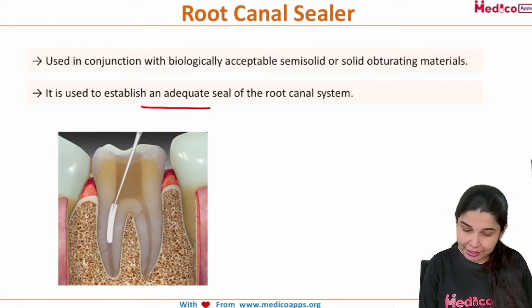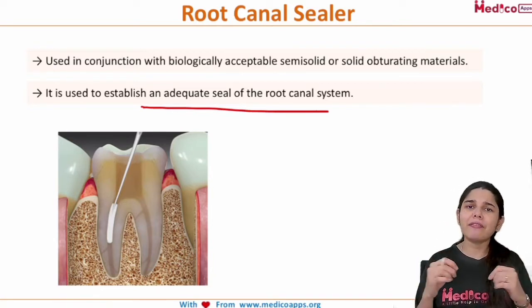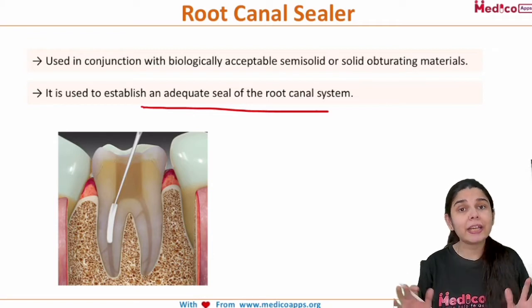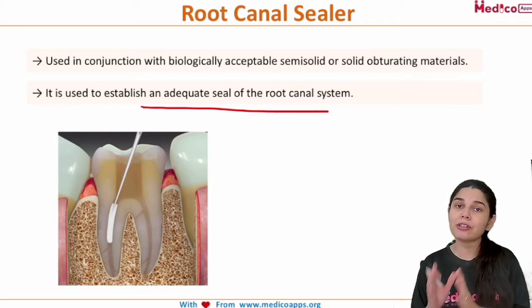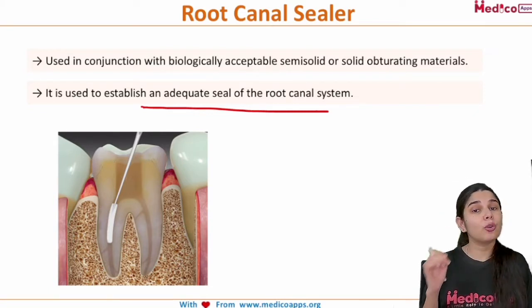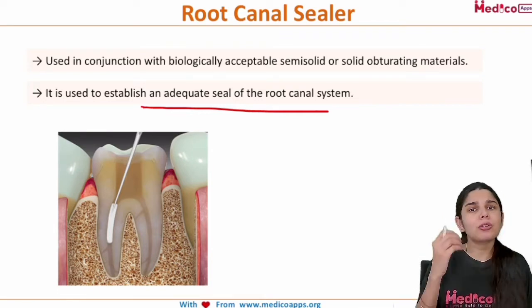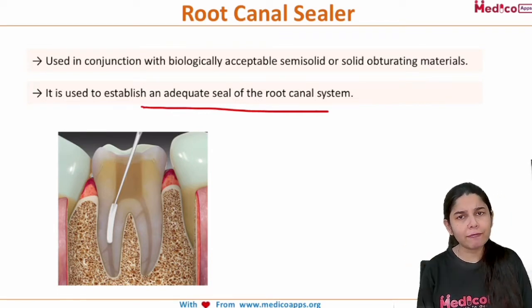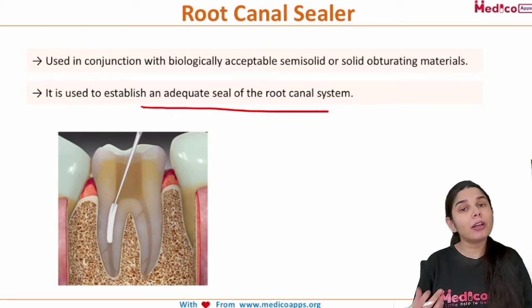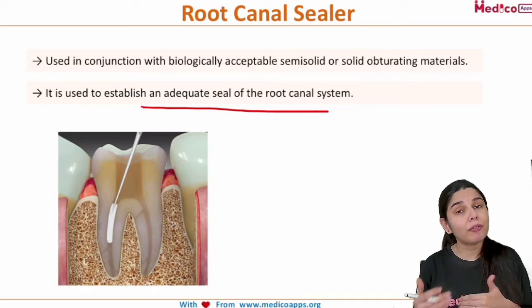What do you understand by this second line? Whenever we complete root canal treatment, we have completely removed the infection from the root canals of the infected tooth. Now, if there is no adequate seal in that root canal, what will be the result? There might be fluid inflow inside the root canal, periapical infection, or infection left behind may take over the place.